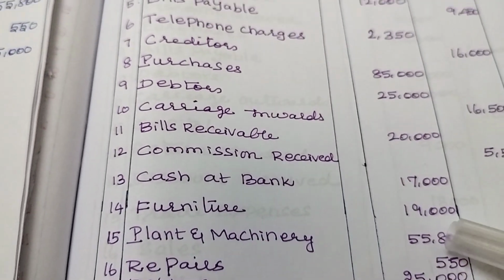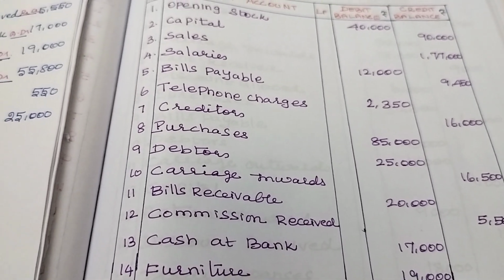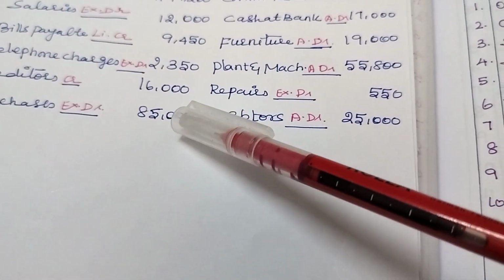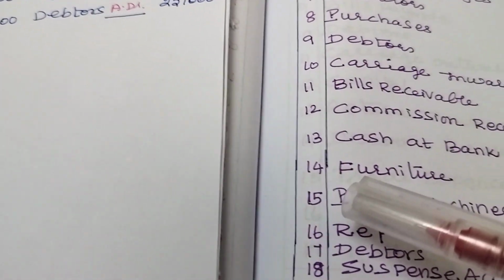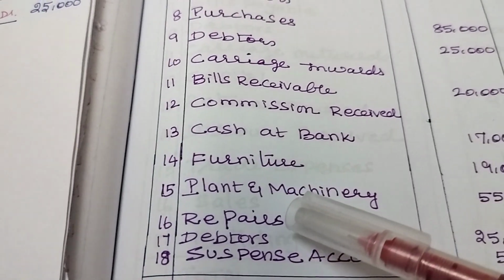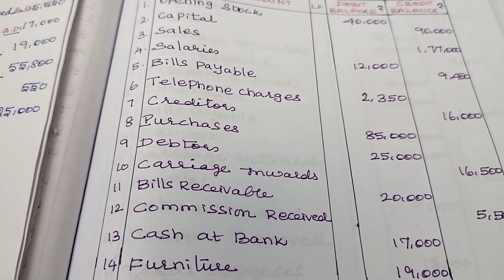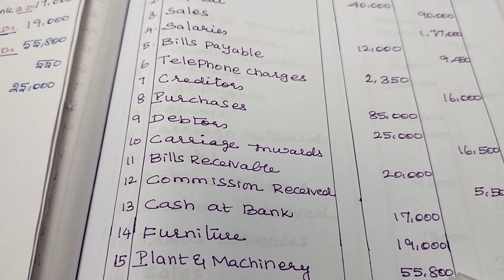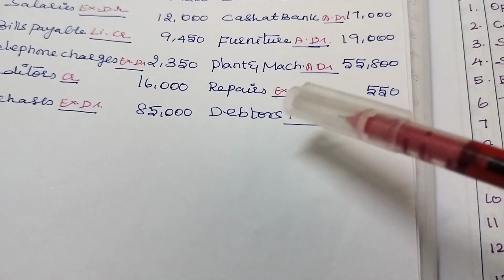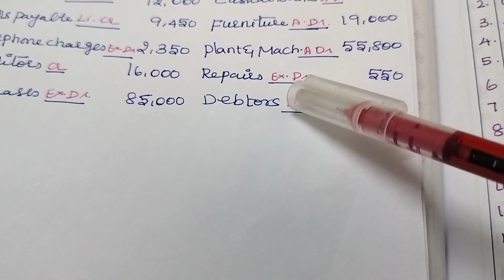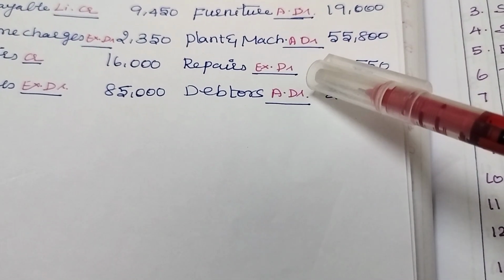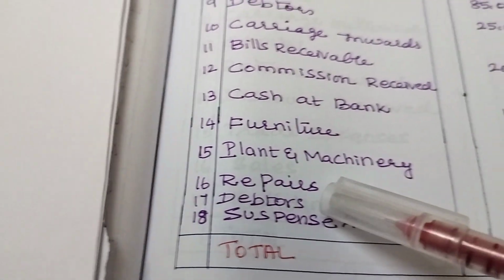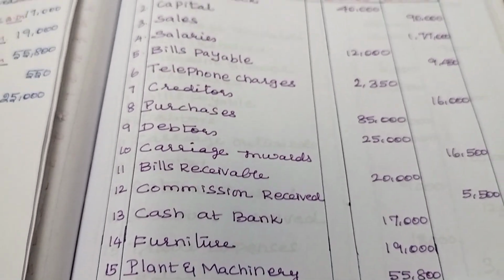So furniture 19,000 rupees is entered on debit balance. Then plant and machinery also goes to asset account, debited 55,800. So plant and machinery 55,800 will be entered on debit balance. Then repairs 550. Repairs comes under expenses account. All expenses will be debited. So repairs 550 is entered on debit balance.